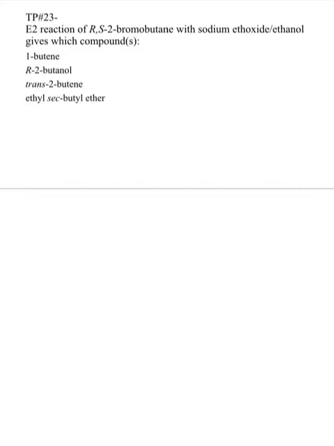Okay, E2 reaction of RS. What's that mean when you see RS? When you see RS like that, it means it's racemic. Sometimes when you purchase chemicals, if they're RS, that means half of it is the R configuration, the other half is the S. So 2-bromobutane would be 1, 2, 3, 4, and then 2 is the bromo here.